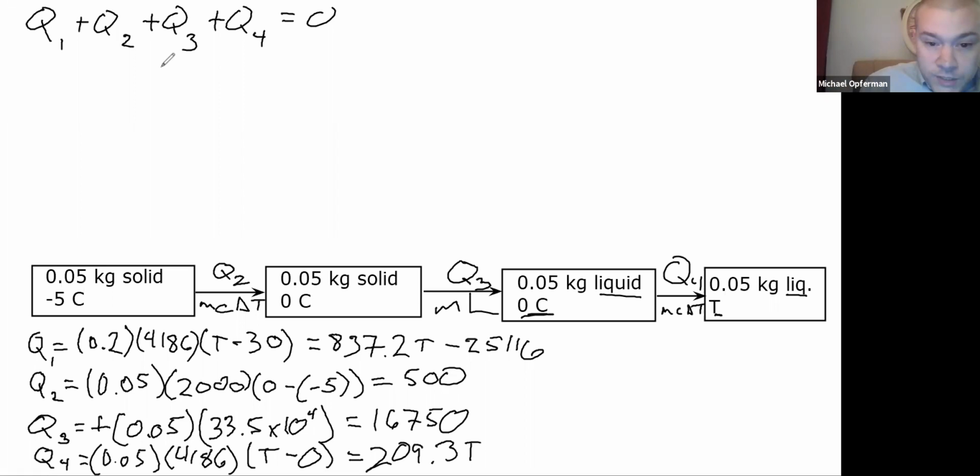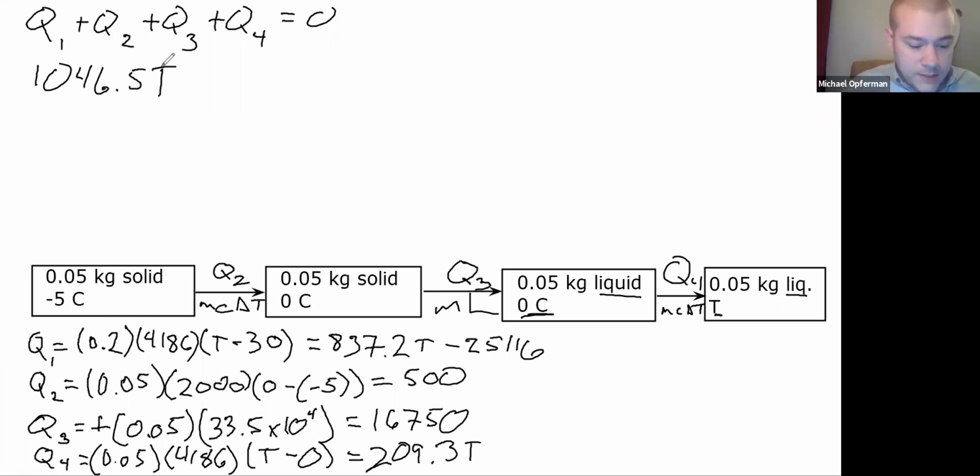Anyways, so we sum all these up. I'm not going to go ahead and copy all four. Let me see if I can do a little bit of algebra while I'm copying it down. Let's combine the t terms together. So 837.2 plus 209.3 gives you 1046.5 t.